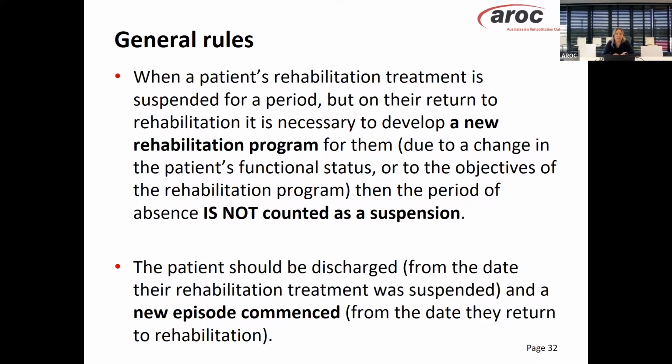We're not changing anything about it. When they get back to the ward, they can pick up straight from where they left off when they were transferred back to, say, acute. If when the patient returns to the program or the ward we need to develop a new rehabilitation program, their primary impairment might have changed or their functional status might have changed.